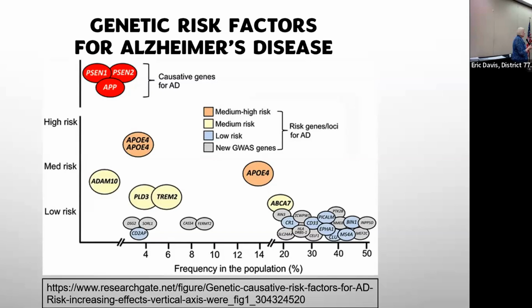Note that different people might have 1 or 2 or 4 of those variant alleles that change risk of developing Alzheimer's disease. And when we start looking at these genes, about half of them have something to do with immune function. Somewhere in here, maybe CD33 is in there, one of those.